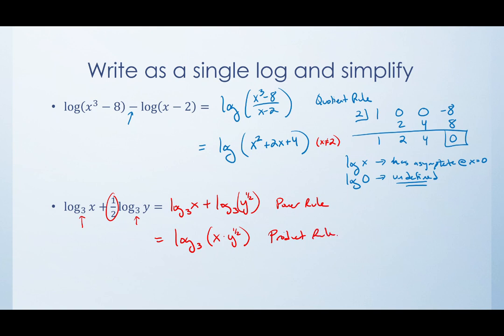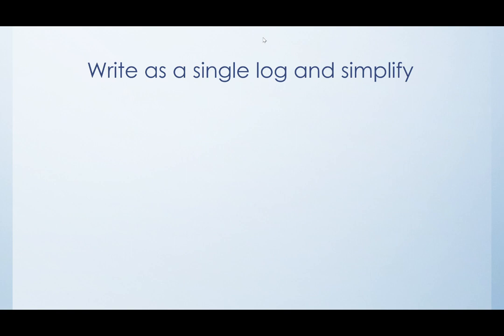Okay, let's keep going with some more examples. All right, so this one looks super scary, right? It's involved, it's crazy. But we're going to follow PEMDAS. We work inside our parentheses first.